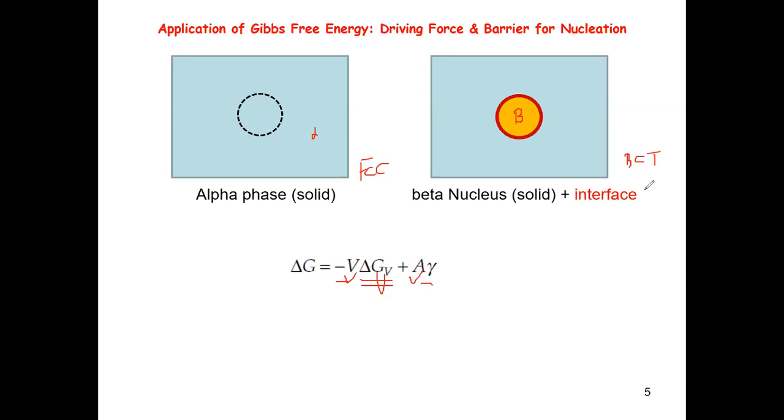This means that if you have the same amount, 1 mole for example, or a very small fraction of a mole of nucleus form, you convert some part of alpha into beta phase. The mass is the same, but the volume will be different in general. Does this make sense to everyone? Because they have different crystal structures, this is going to generate different volume.